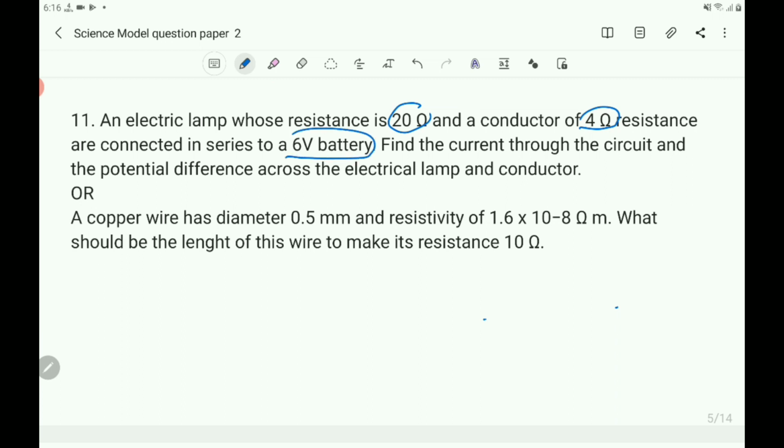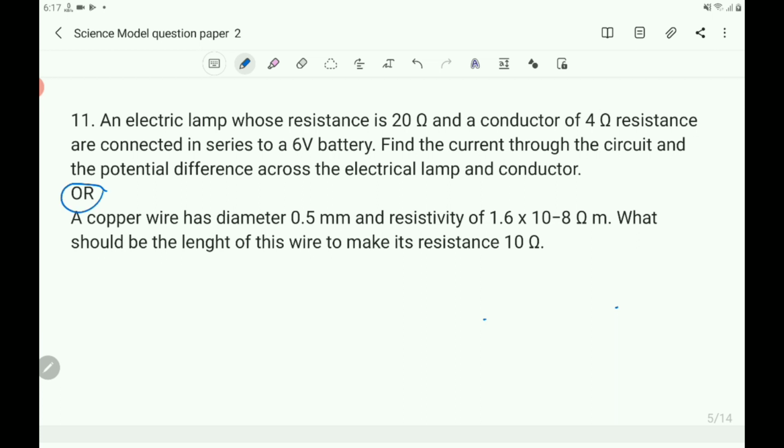Find the current through the circuit and the potential difference across the electric lamp and conductor. So here you know the relation among V, R and I. One more OR question, a choice question, is there.